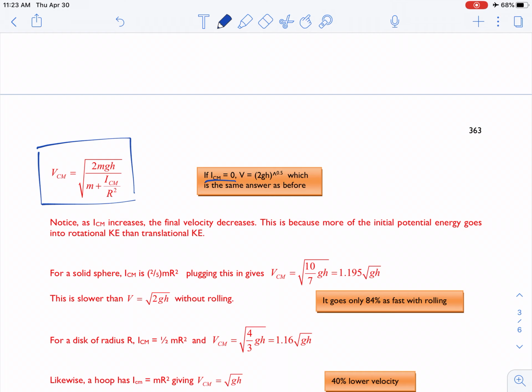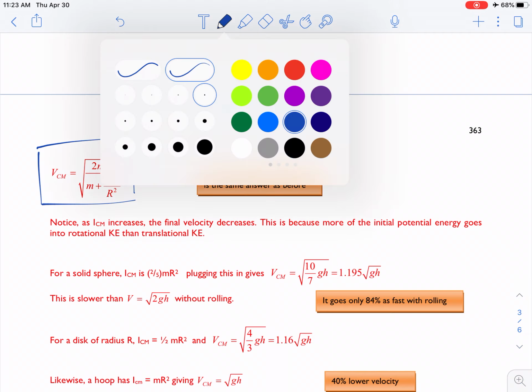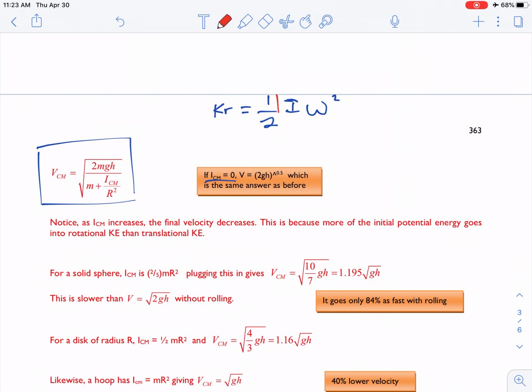So if you think about the energy terms, kinetic energy for the rotational case is 1/2 I omega squared, right? So if you increase I here, what happens to the kinetic energy? It's going to go up as well.